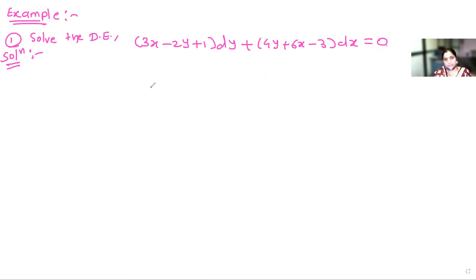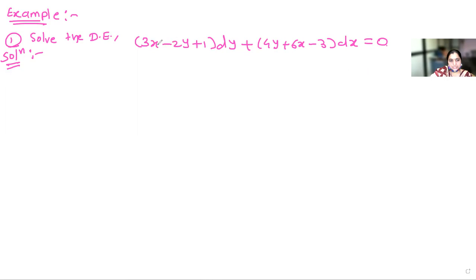In total, how many types? Variable separable, homogeneous, non-homogeneous, exact and linear. So first identify the type of the differential equation and then move towards the method of solution.